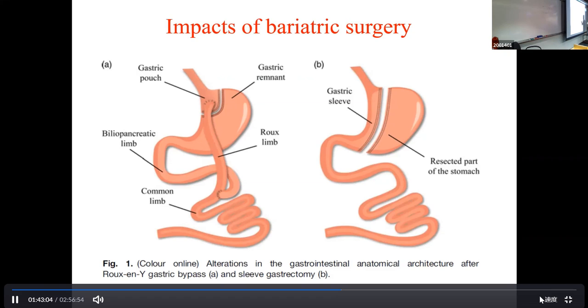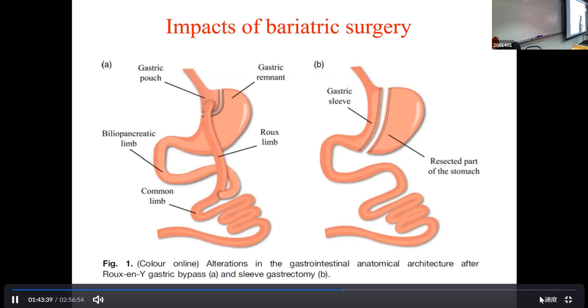Bariatric surgery in general refers to highly invasive surgical methods, such as, in this case, so-called gastric bypasses that decrease the area of nutrient absorption for the sake of helping morbidly obese individuals to reduce the amount of energy they absorb so that they can lose weight.